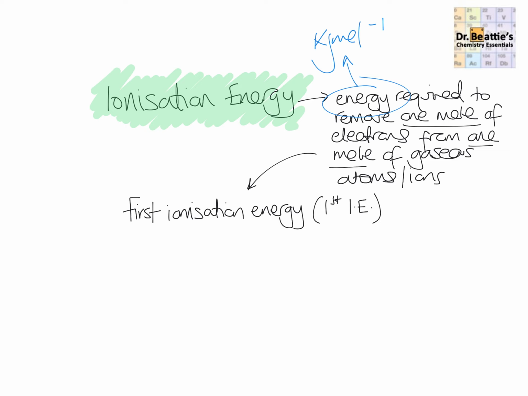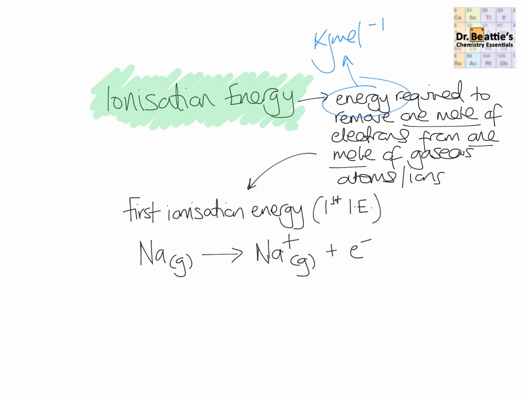And so if we show this as an equation, and we'll take sodium, for example, then we take 1 mole of gaseous sodium atoms, and then we ionise that to form 1 mole of its gaseous ion, Na+, with the 1 mole of electrons separate to this. So this is really an oxidation because we've had a loss of electrons from the sodium.